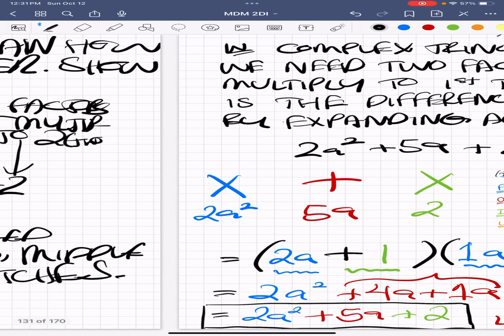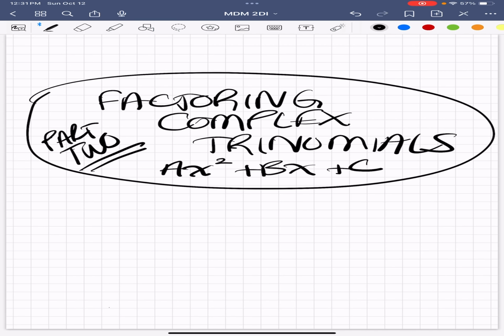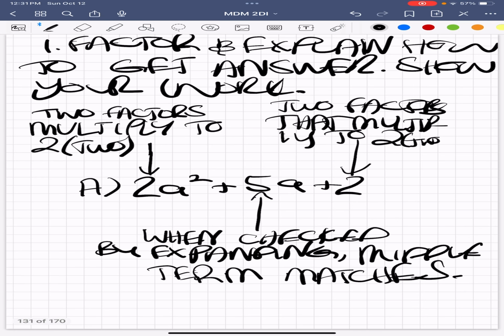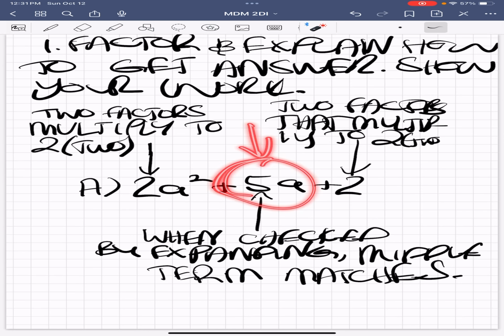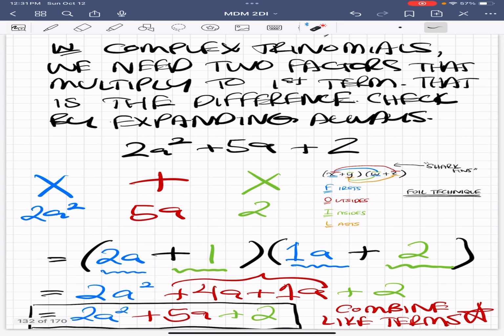Okay, so I'm going to take you through the lesson one more time. We factored complex trinomials. We discussed that we needed two factors to multiply to the first term, and we needed two factors to multiply to the last term, and then we checked by expanding to make sure the middle term matches the original expression.